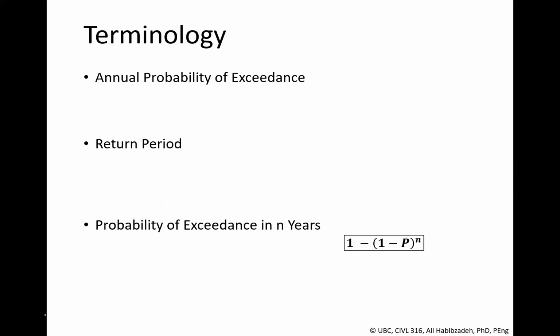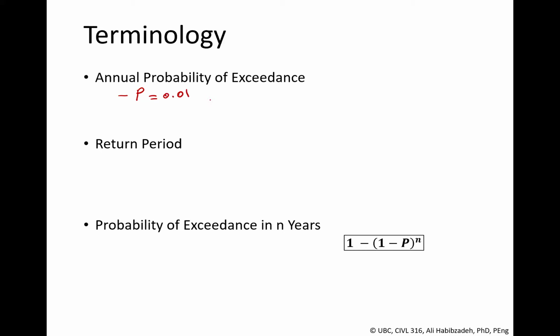First of all, we were talking about a parameter, let's say flow, that's the most typical one: flood, discharge, Q. The first thing we have is the annual probability of exceedance. If, for example, you have an annual probability of exceedance of 0.01, what does it mean?